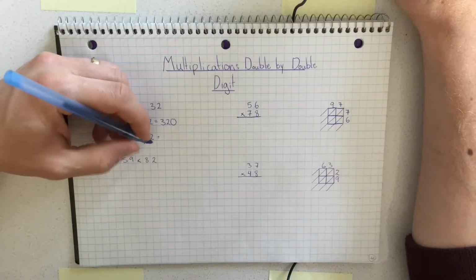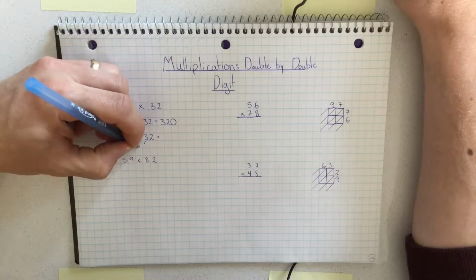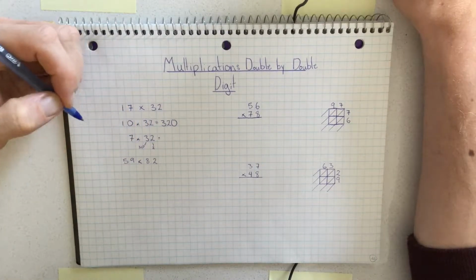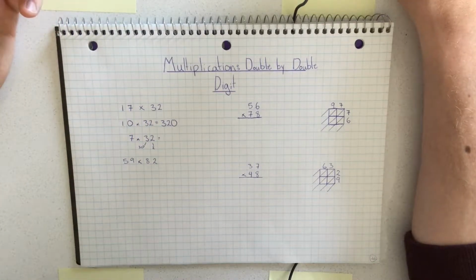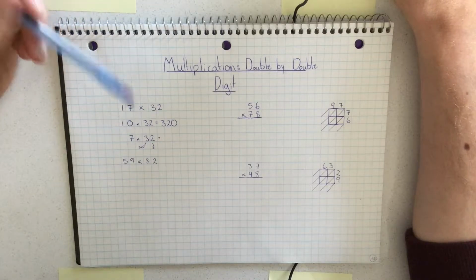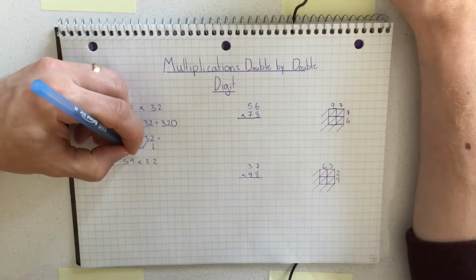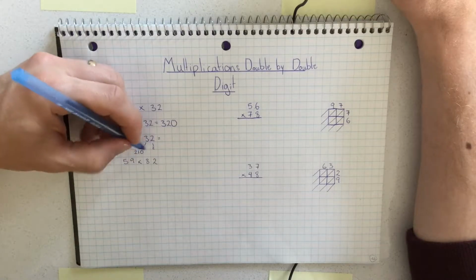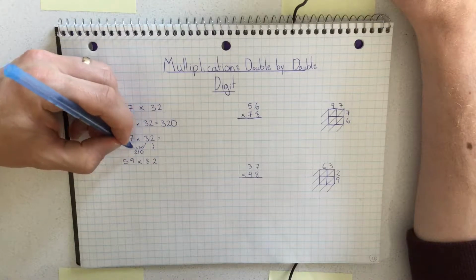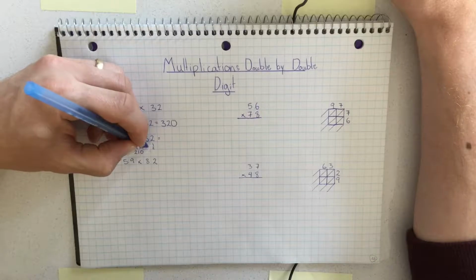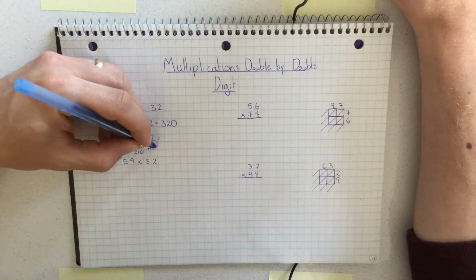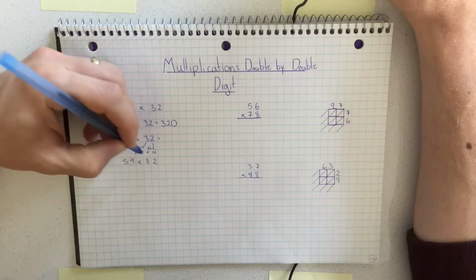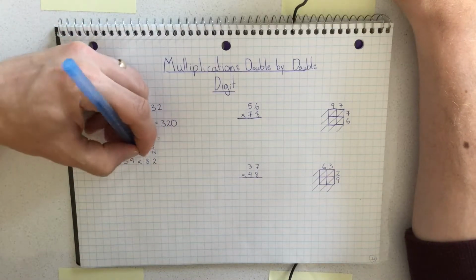I'm going to break this into 30 and 2, and I know that 7 multiplied by 10 is 70. I know that 3 groups of 70 is 210. And 7 multiplied by 2 is 14. Then I add those two together.